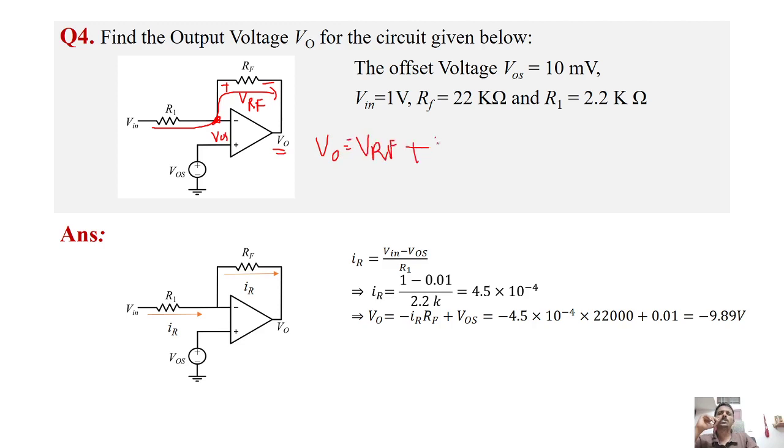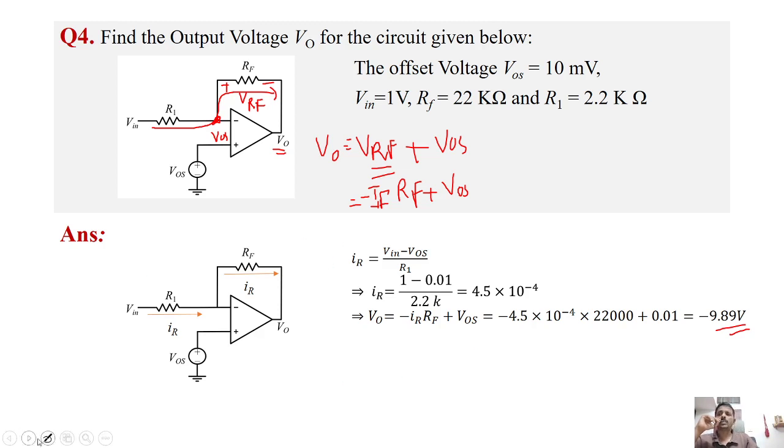And VRF is IF into RF. We'll find IF by noting the current through the resistance R1, and we'll substitute and get the value of V naught as minus 9.89. So this is how we'll find the output voltage of a circuit whose offset voltage is given.